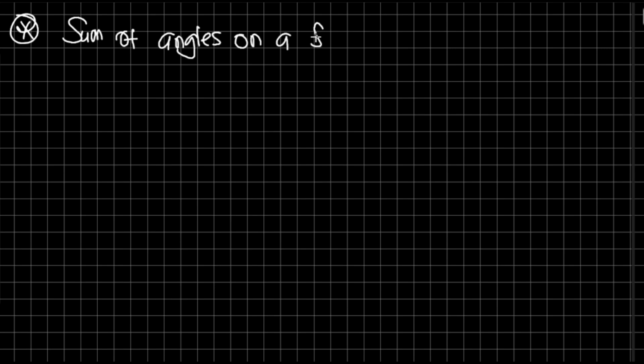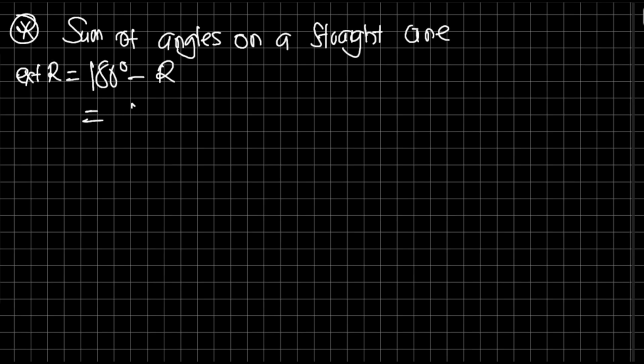Now that we've gotten R, we go to our second step: sum of angles on a straight line. So exterior angle R equals 180 degrees minus R. It is 180 degrees minus 41, and that is 139 degrees. Now we can apply the other rules.